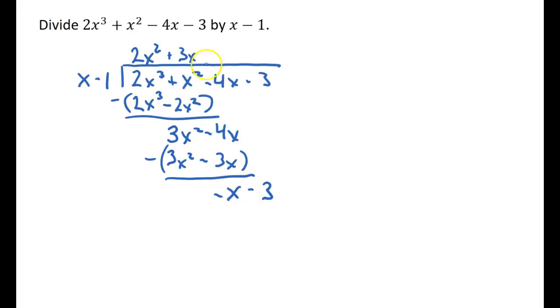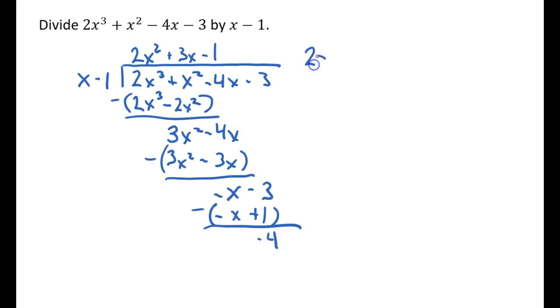And I multiply x by negative 1. That'll give me negative x. And negative 1 times negative 1 is plus 1. And you'll notice that this time, when we subtract, I'm going to end up with negative 4. That's my remainder. Okay, so here's what we can say.